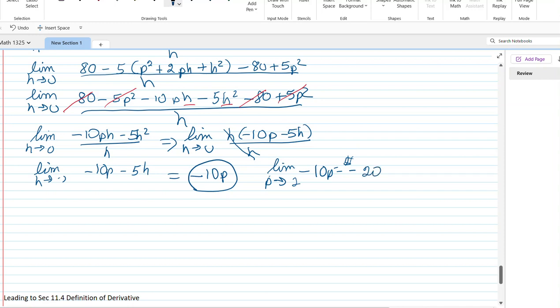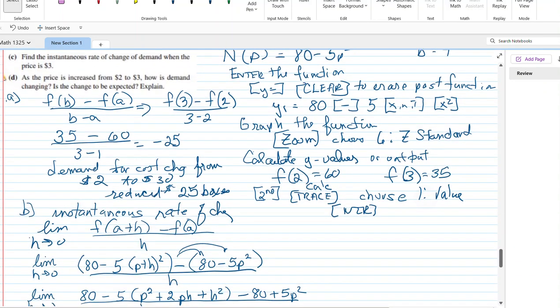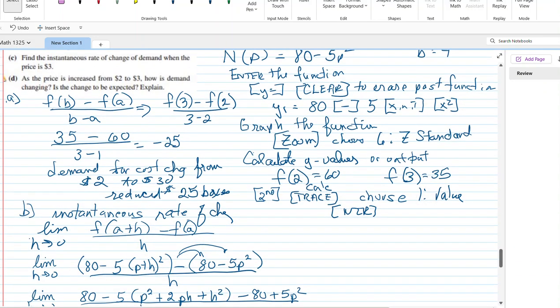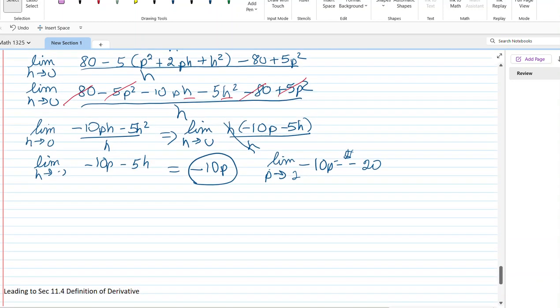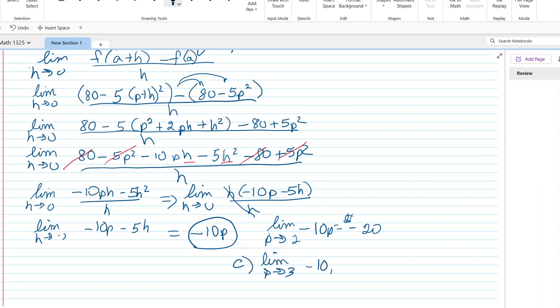And now remember, when we did the first one, the secant one, the direct line, I got negative 25. And this came out as negative 20 at 2. So now we want the limit of demand as p approaches 3, because that's our c. And that's negative $30. At that one singular point, it's a drop of 30. And we averaged a negative 25.